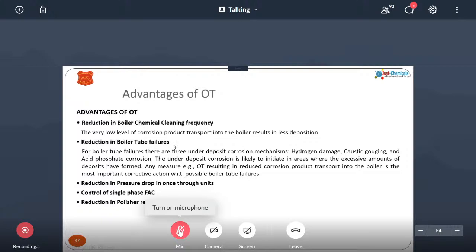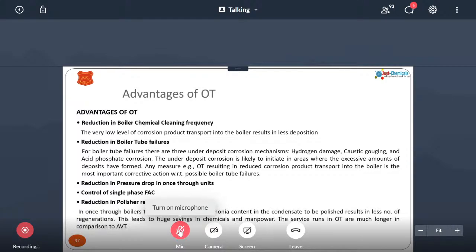Every failure needs a shutdown and repair, and that was equivalent to 4 or 5 crore rupees. That was reduced by the advantage of OT. Then control of single phase flow accelerated corrosion was achieved, and reduction in polisher regeneration frequency was also seen with oxygenated treatment.